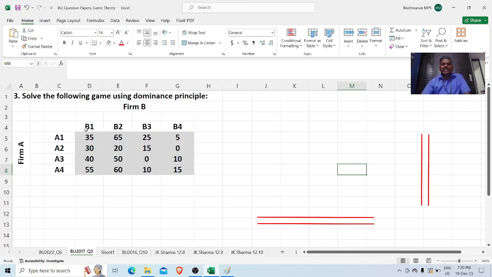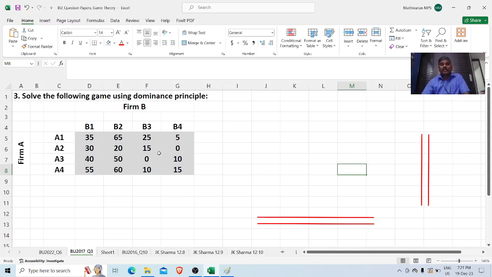A1, the gain is 35 points. A2, the gain is 5 points less, that is 30 points. For strategy A1, the gain is 65 points. For strategy A2, the gain is only 20 points, lesser than the first strategy.